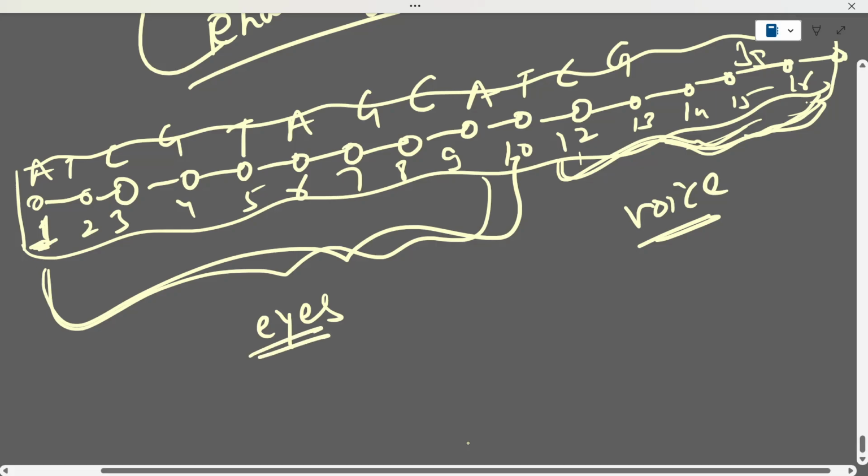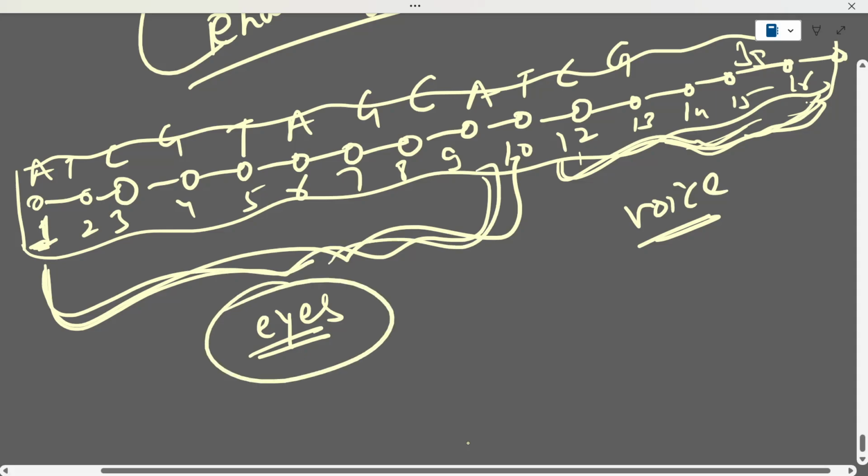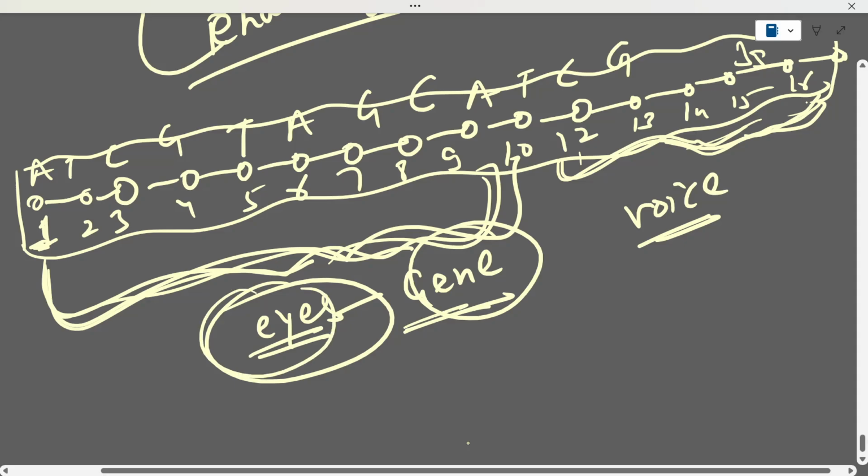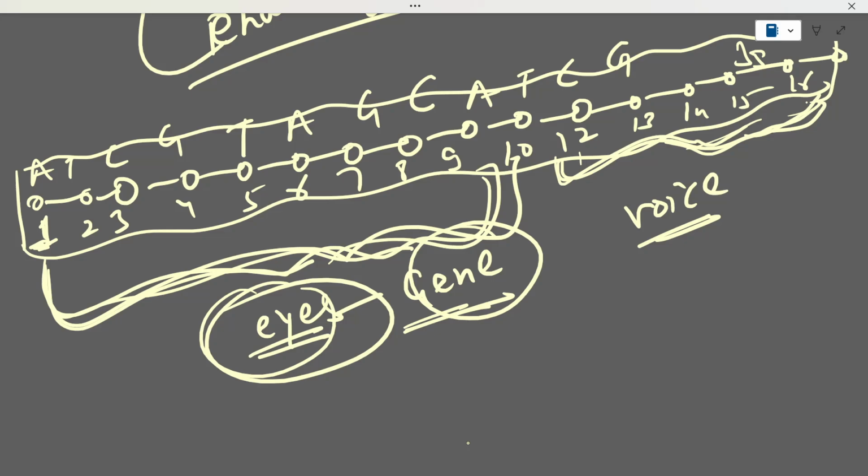So this strand, which together manifests eyes, is known as a gene. Same way, the other strand, from 12 to 35, or whatever the number is, expresses itself in the form of voice. So this is the gene for voice.